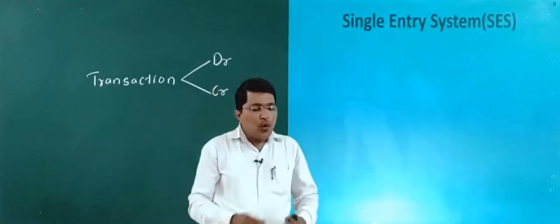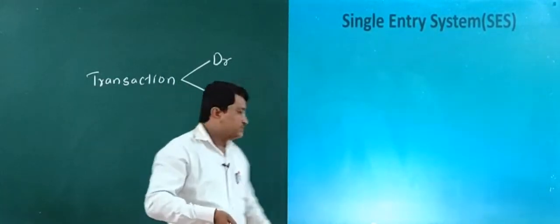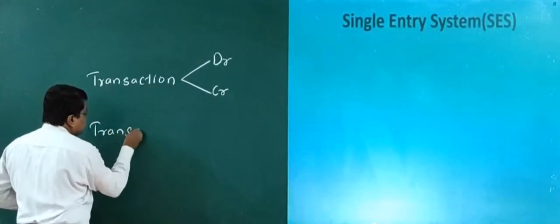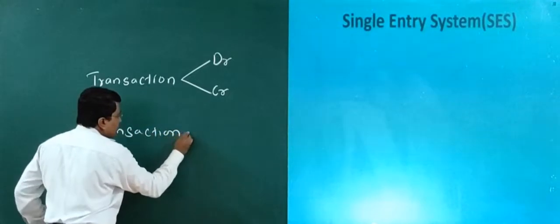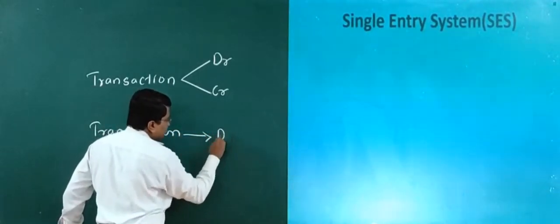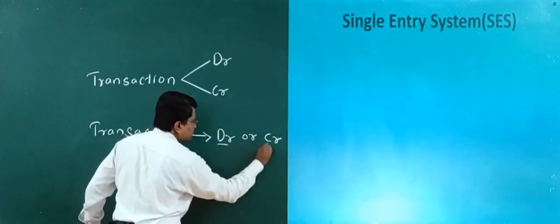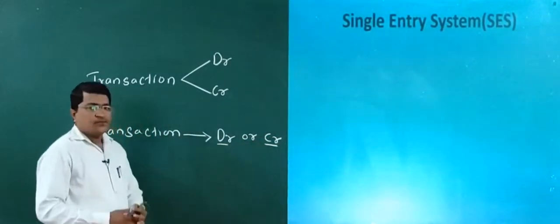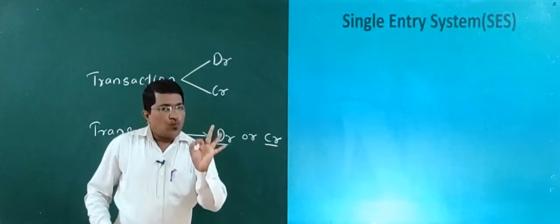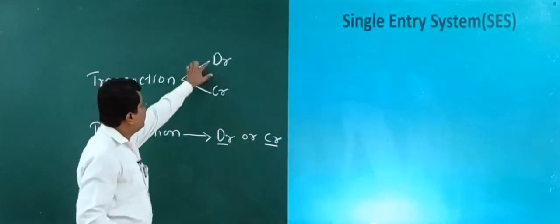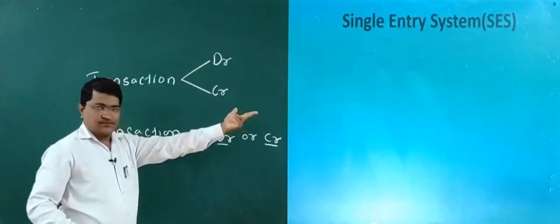But what happens in some cases, every transaction has only one entry, either debit or credit. If one transaction has two entries, then it is called a double entry system.